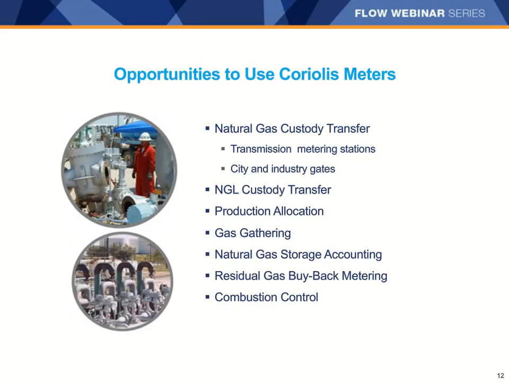Finally, there are opportunities for Coriolis meters in the measurement and control of the liquids circulating in the dehydration and amine units of gas treatment plants because of the potential benefits of improved efficiency and reduced emissions that can be gained from those units.